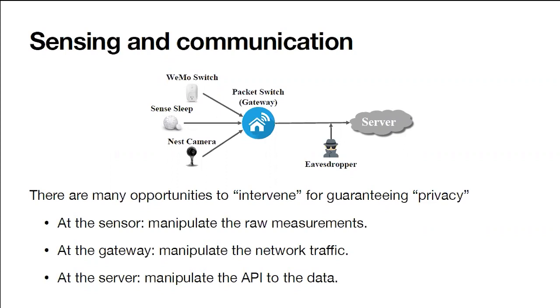You have a bunch of different devices that are connected to a network gateway in your house, and that gateway could try to manipulate the traffic, manipulate the measurements that are coming out. And the third one is at the server, where you get to control, say, somebody's API access to the data, which is another thing Jorge and I have talked about.